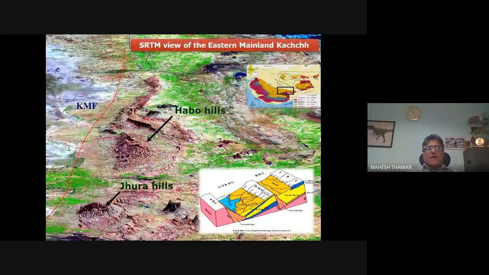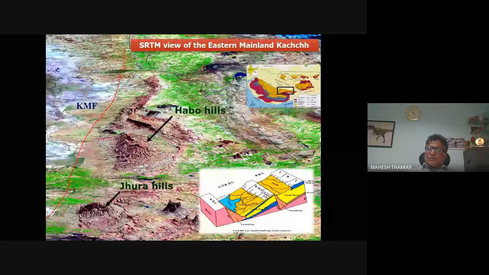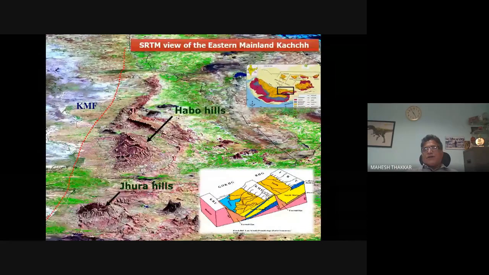going more to the south, coming to the Kachchh Mainland Fault. Now we see this picture, Kachchh Mainland Uplift. Kachchh Mainland Uplift is very interesting in terms of the structures and tectonics.